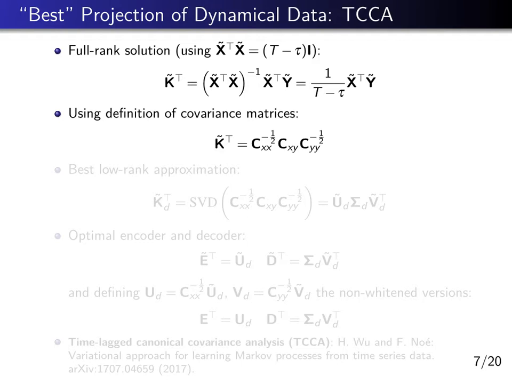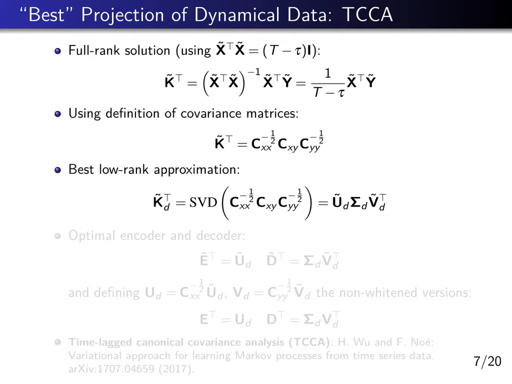Okay, now we want to approximate this matrix by a low rank decomposition. So we want to replace it by a product of two matrices where we go through a lower dimensional bottleneck. What is the optimal way of doing this? The optimal way of achieving a low rank approximation to a matrix is the singular value decomposition.